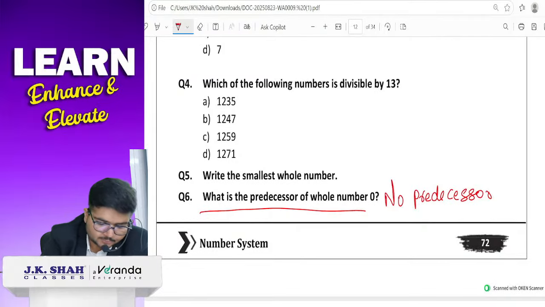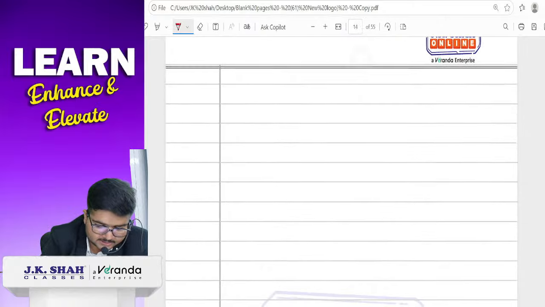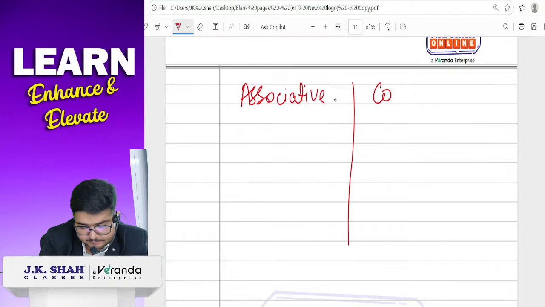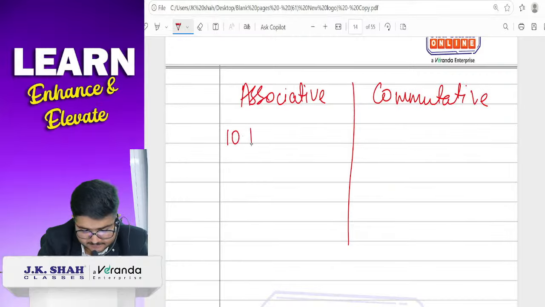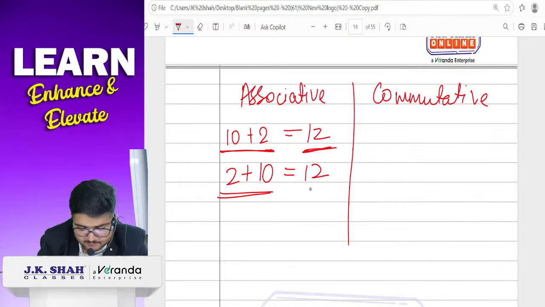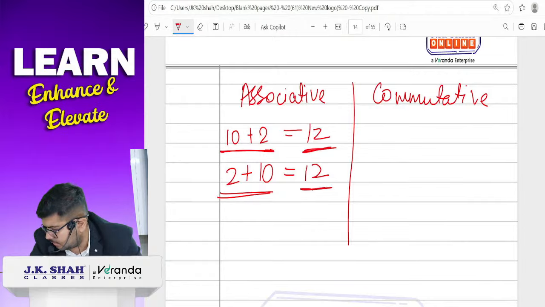Yes, Khushi. Very good question. What is the difference between associative and commutative property? In associative property, you will find the answers of the addition, right?